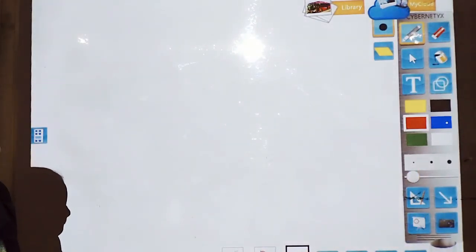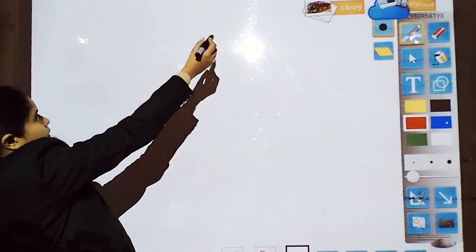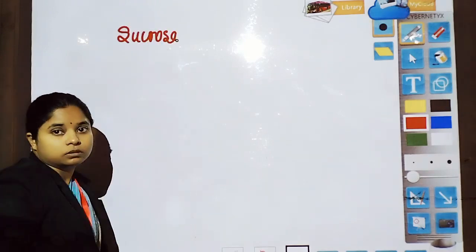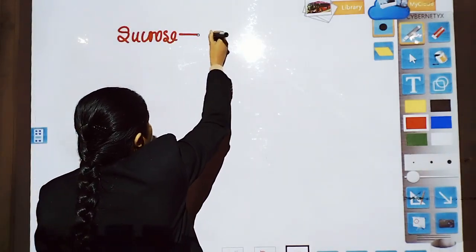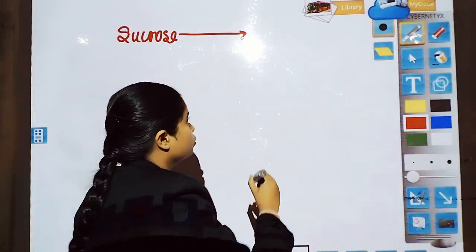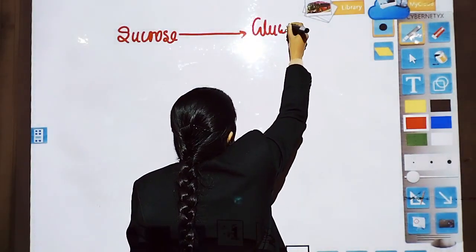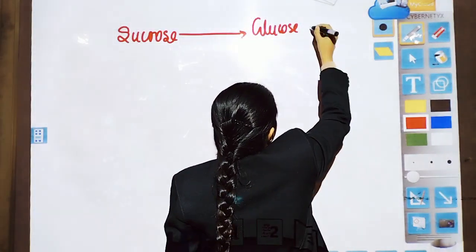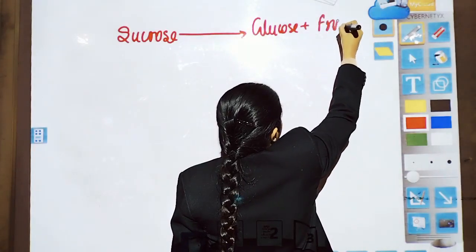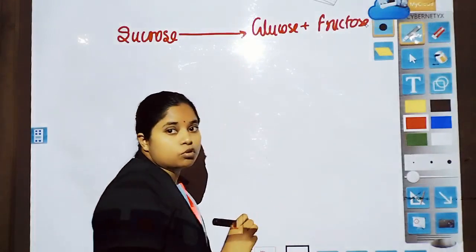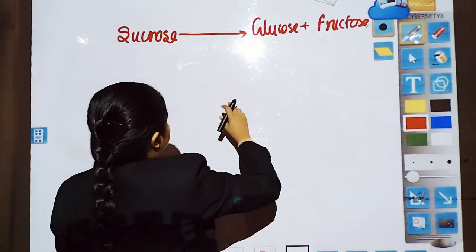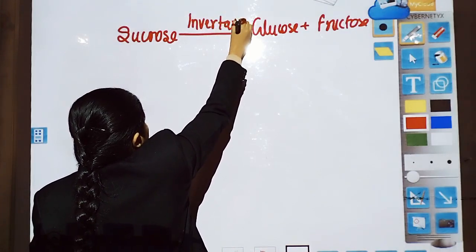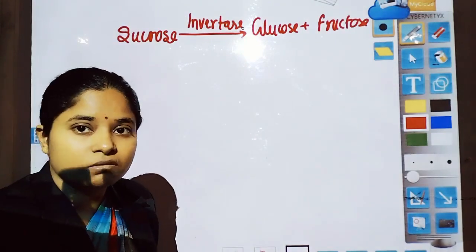In the glycolysis process, first we take a sucrose molecule, which breaks down into glucose and fructose by the enzyme invertase.